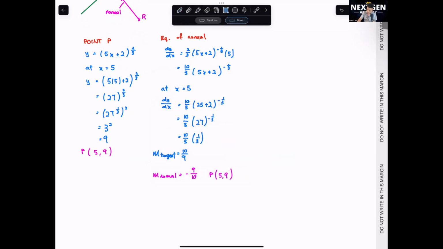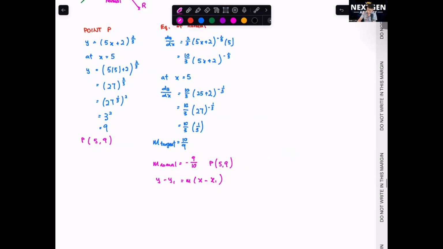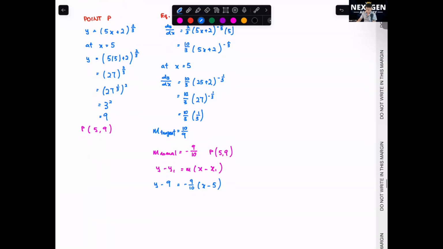And we're going to substitute into y minus y1 equals m times x minus x1. This is to find the equation of normal. So y minus 9 equals negative 9 over 10 times x minus 5. This is the equation of normal. You want to simplify it to y equals mx plus c also can, or you want to leave it like this also can. Let's simplify.